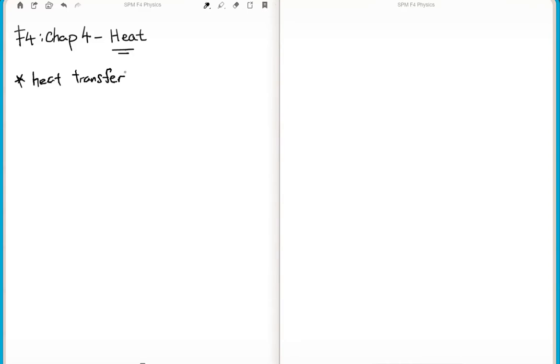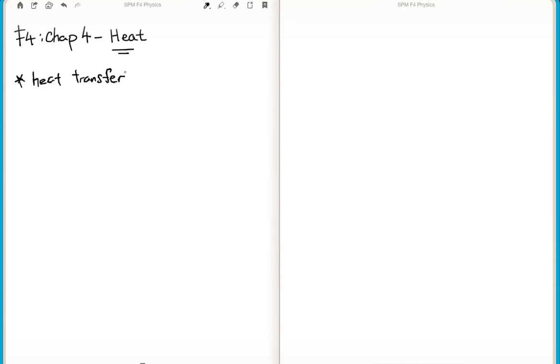So meaning the object is absorbing our heat or energy. That's why we feel cold. Likewise, if we feel it is hot, meaning energy is transferred from an object into our hand. That's why we feel hot.